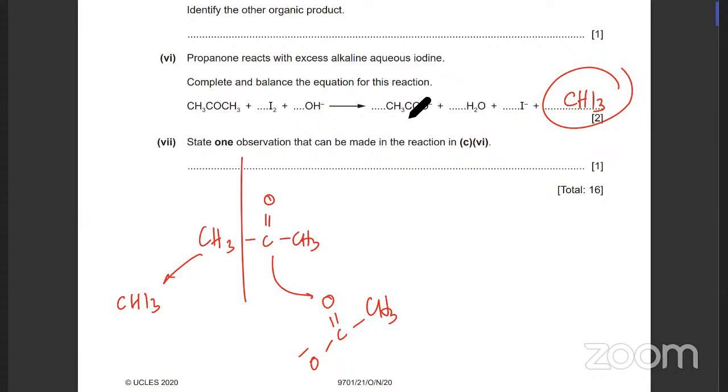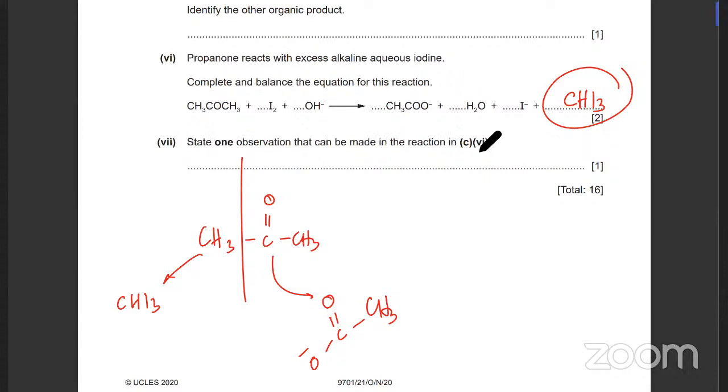How many hydrogens do I have over here? That's 3 plus 1, that's 4. And there are 2 hydrogens over here, and there are hydrogens over here as well. Just think how you can balance this equation. Let's do this one first, the last part.